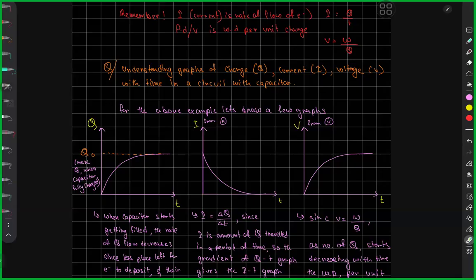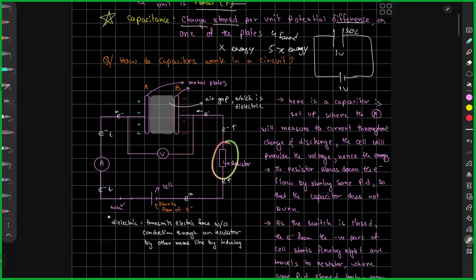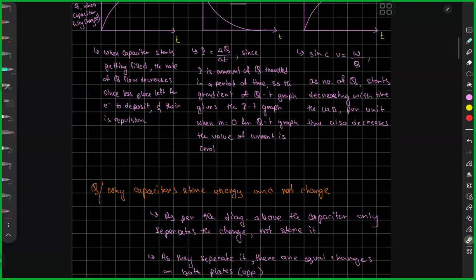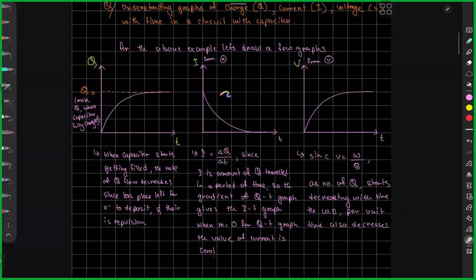There will still be some potential difference shared between resistor and the capacitor. No problem with that. And if there was a bulb over here, the bulb would still light. It is simply that the rate of flow of electrons will eventually decrease to somewhat zero.